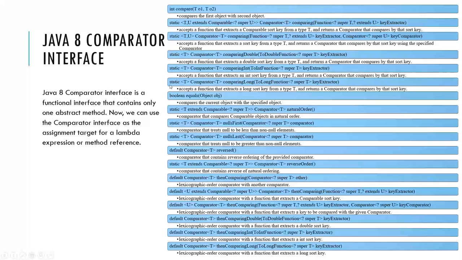In Java 8, Comparator has only two abstract methods and also many static methods and default methods, which we don't need to implement.